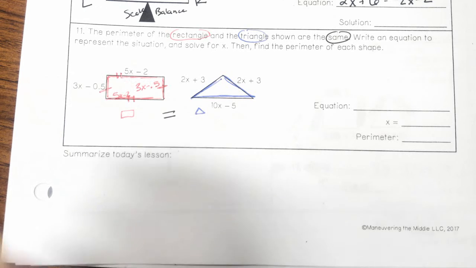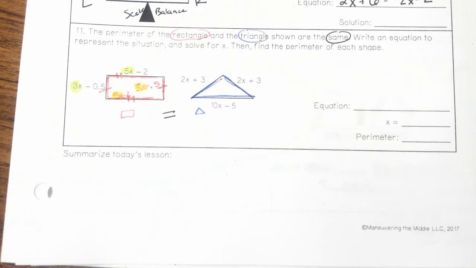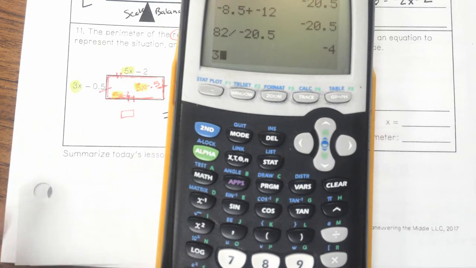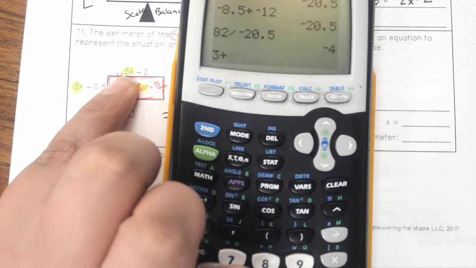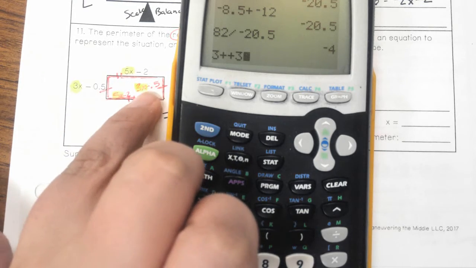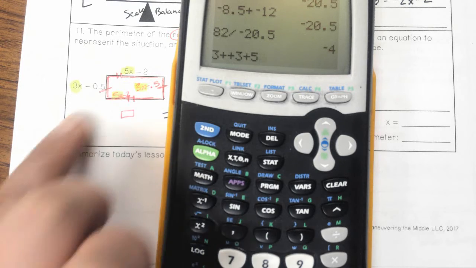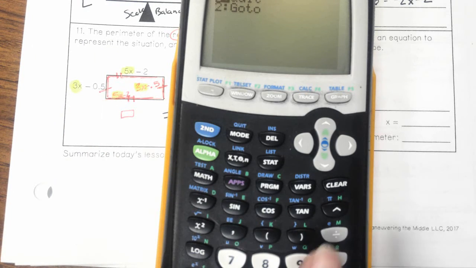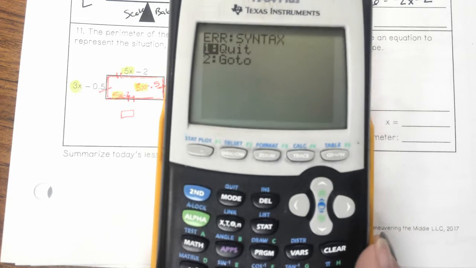Let's combine all of our variable terms from the rectangle. 3x, 5x, 3x, 5x. So we have a 3x plus a 5x plus a 3x plus a 5x for a grand total of, I typed in something wrong.